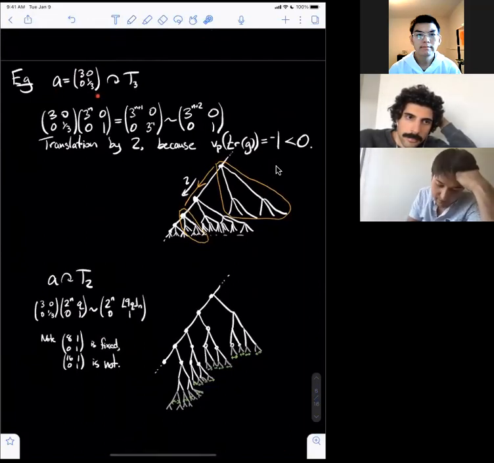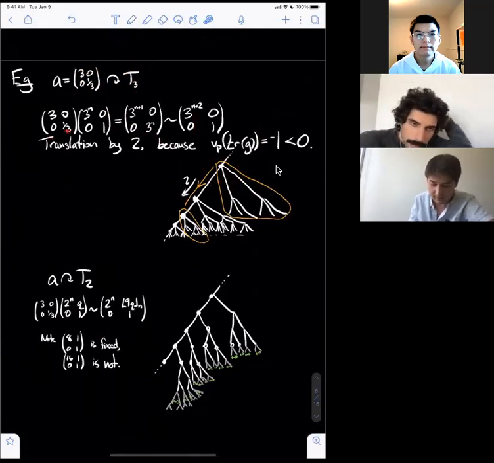So let's look at this matrix A, 3, 0, 0, 1/3, and see how it acts on the three-adic tree. So the tree corresponding to prime equals 3, which is 4 regular, right? The tree for p is going to be p plus 1 regular. I'm indexing by the prime. So if we multiply something along this axis by A, we're going to get 3 to the n plus 1, 0, 0, 1/3.